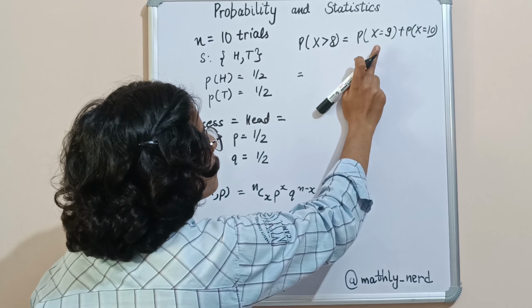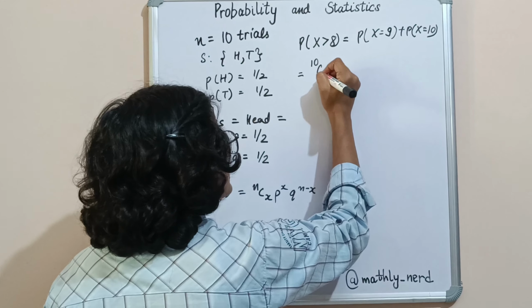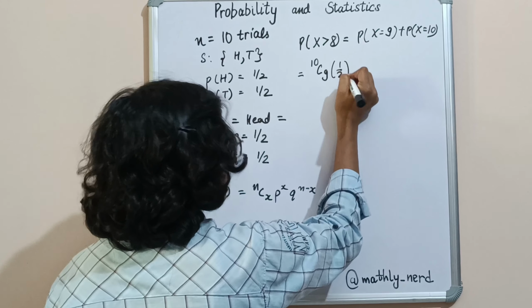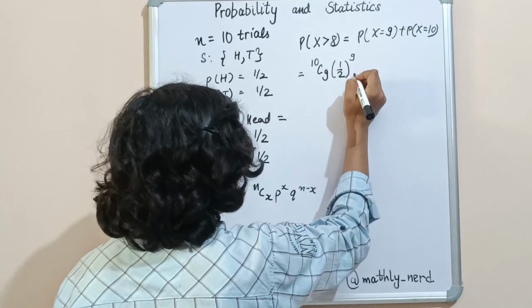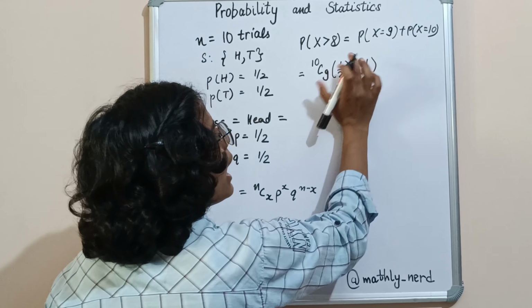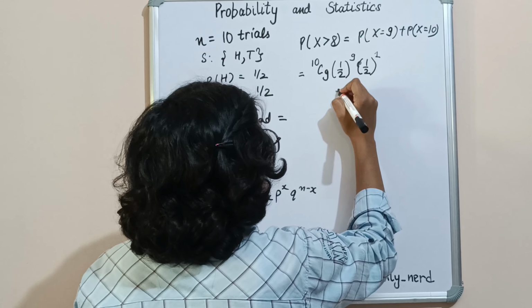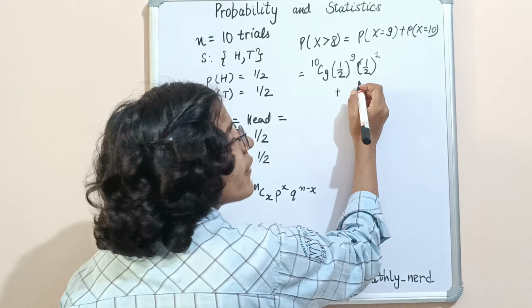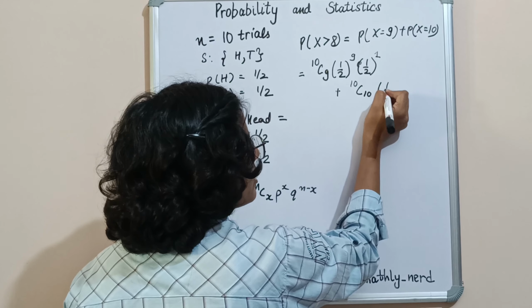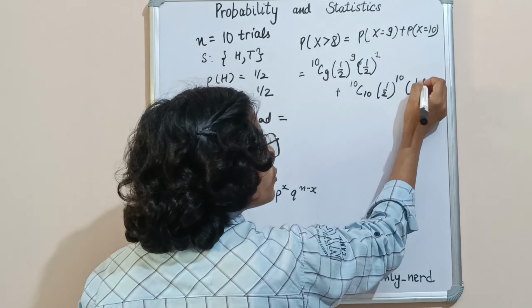Probability of 9 success will be 10C9 times 1 by 2 to the power 9 times 1 by 2 to the power 10 minus 9, that is 1, plus probability of x equals to 10, 10C10 times 1 by 2 to the power 10 and 1 by 2 to the power 0.